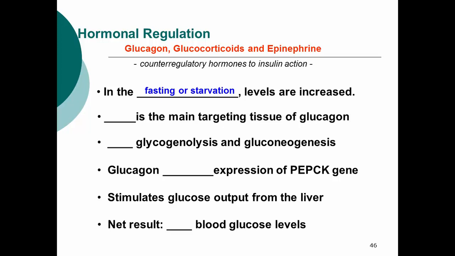And which tissue is the main target tissue of glucagon? Do you know what glucagon does? In general, glucagon raises blood glucose level, right? So what glucagon does is raise blood glucose level during fasting. It's just opposite to insulin. Insulin reduces the glucose level, right?